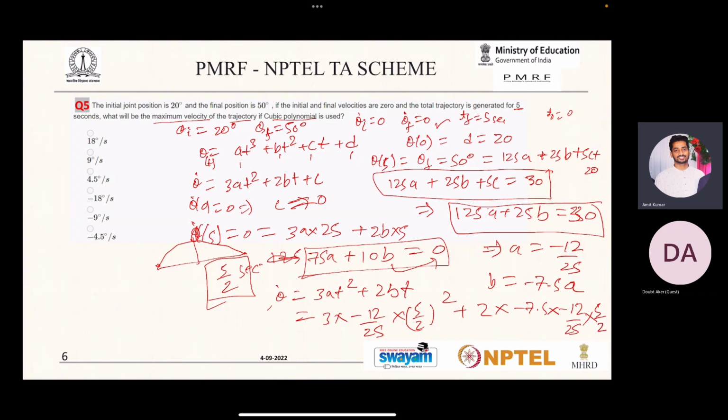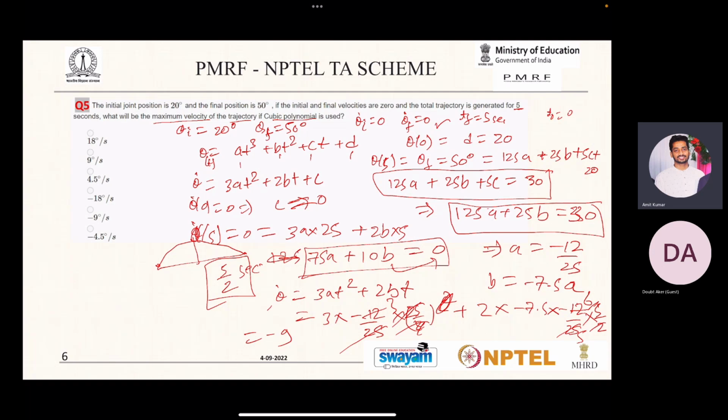If you solve this, this is a square, so it will be 25 by 4. So 25, 25 gone, 3. This will become minus 9, and 5, 5 to 6. What will this become?